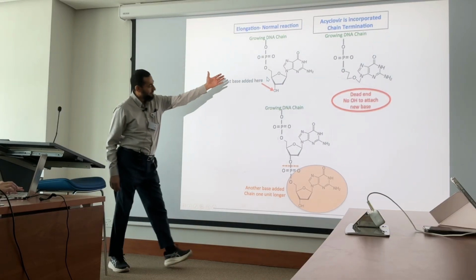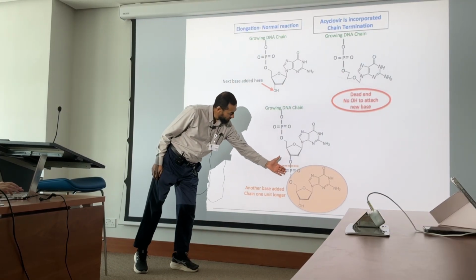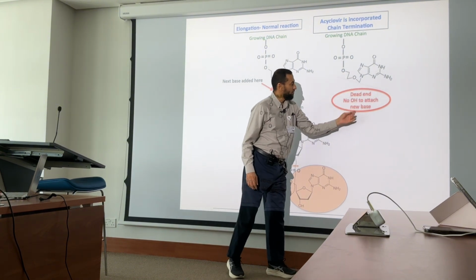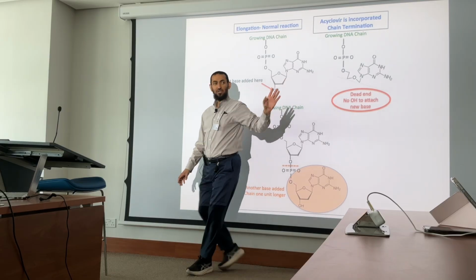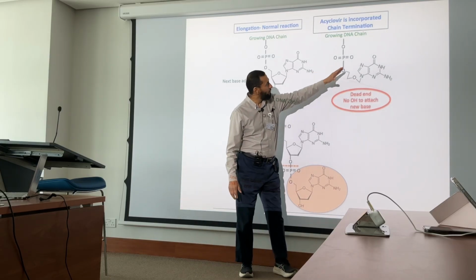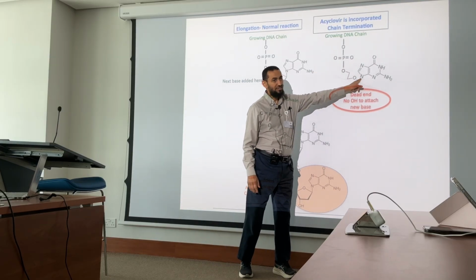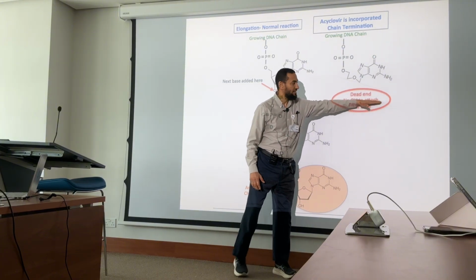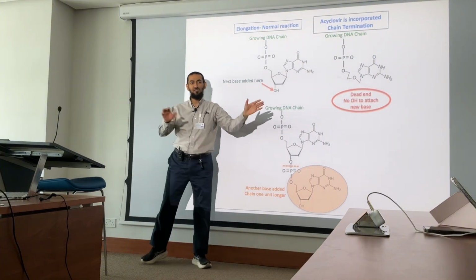Elongation, this is the usual: the hydroxyl group with the phosphate of the next nucleotide. There is no hydroxyl group here, it's a dead end. When you incorporate acyclovir in the newly synthesized DNA strand, the process stops here. There's no further replication.